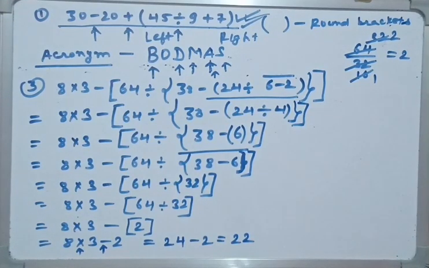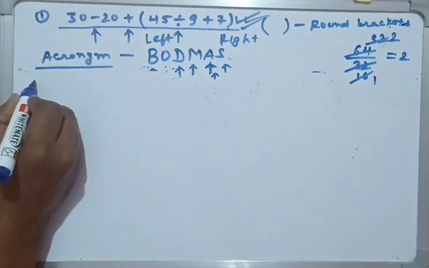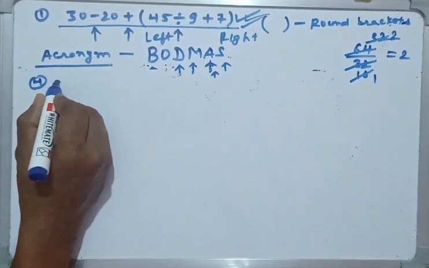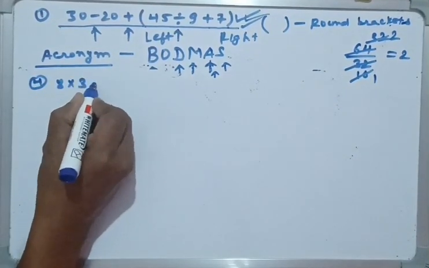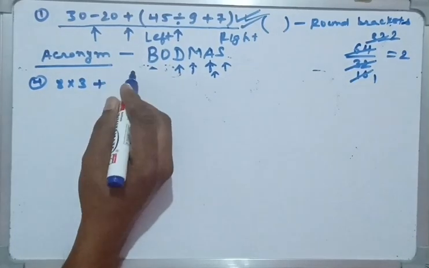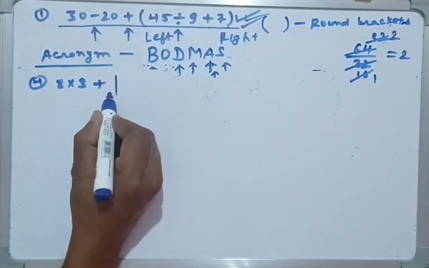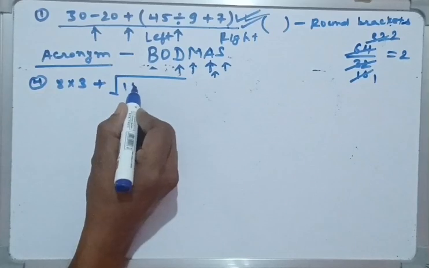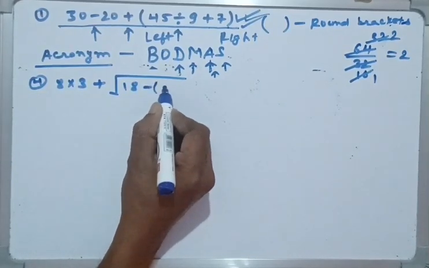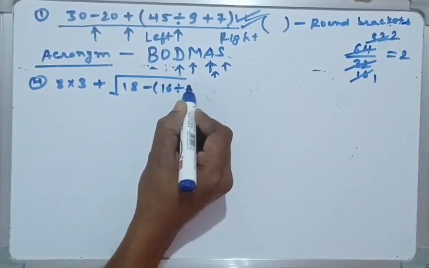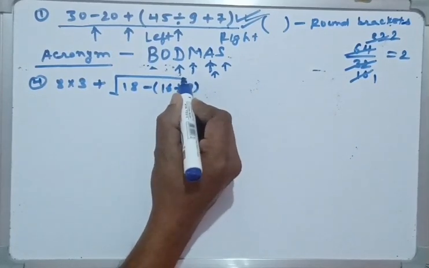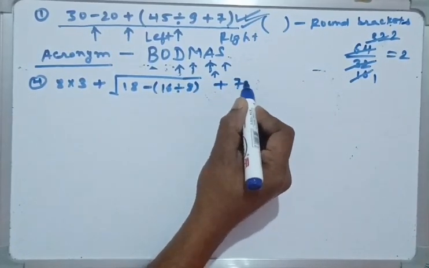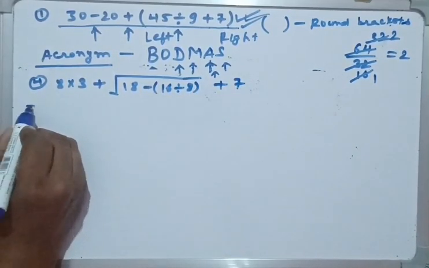See, fourth example: 8 multiplication by 3, then plus sign, square root 18 minus 16 divided by 8, then plus 7. Okay guys, now you have to solve this one.